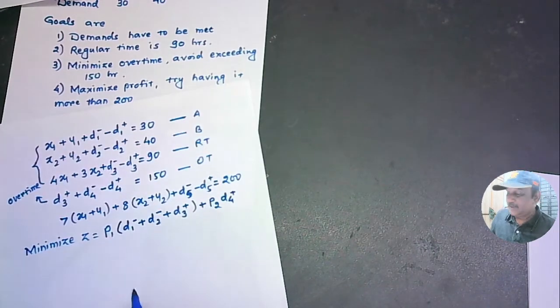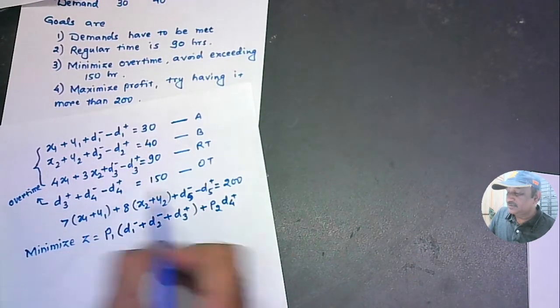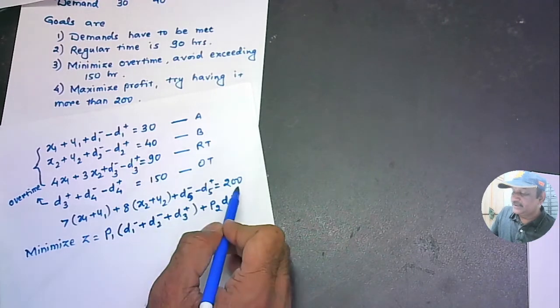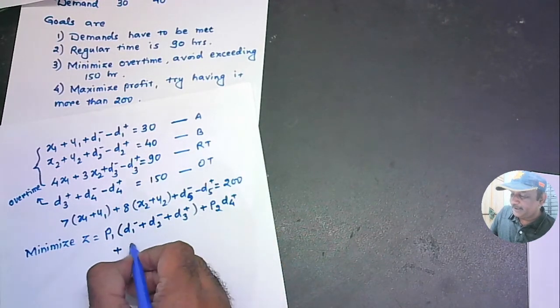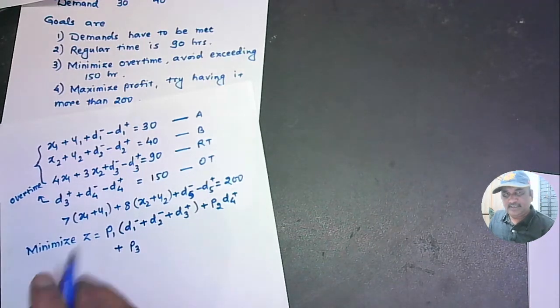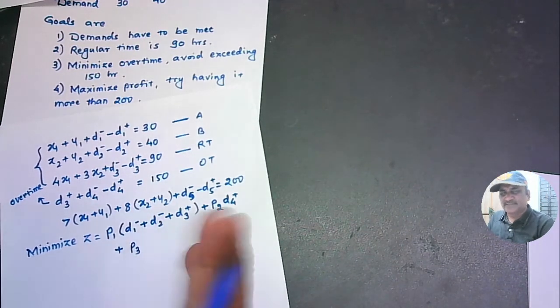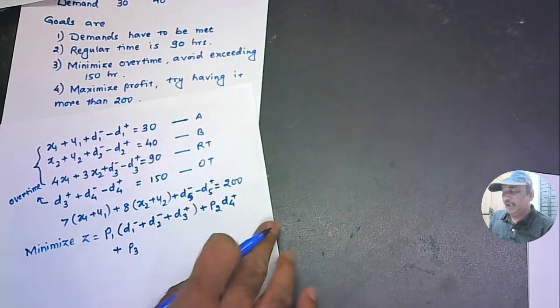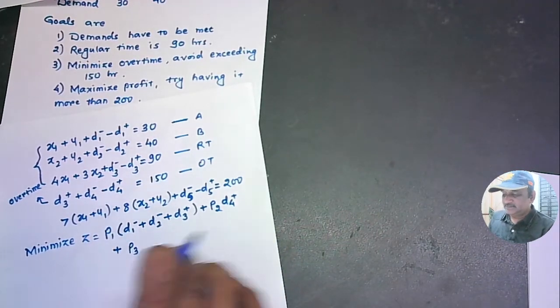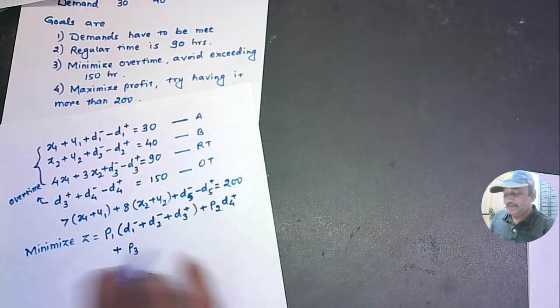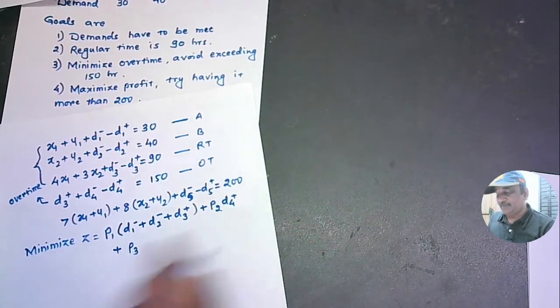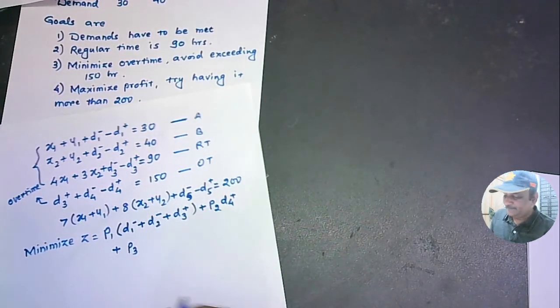Then lastly, I want to keep my profit greater than 200, so that comes at third priority, P3. Here only three goals are given; sometimes there are four or five. All have to be considered in a sequence, in lexicographic manner, as P1, P2, P3, P4, and so on.